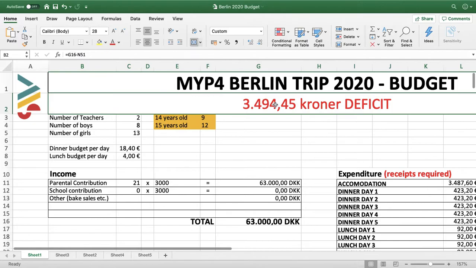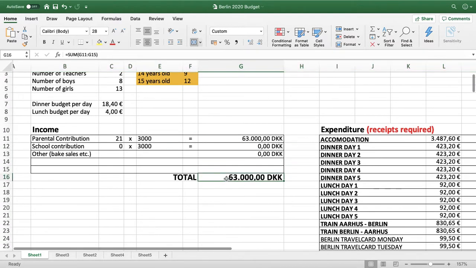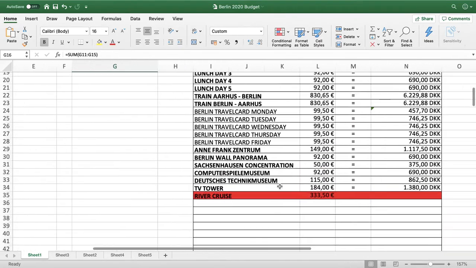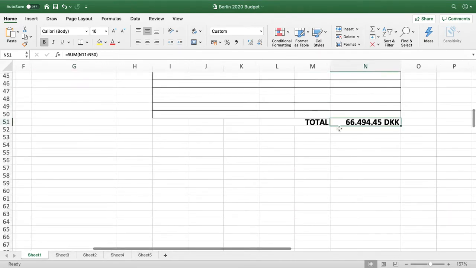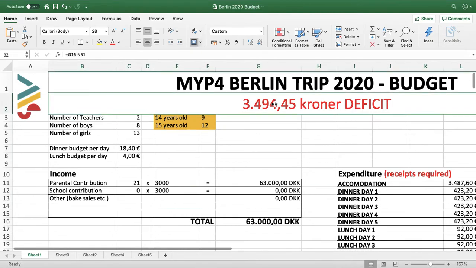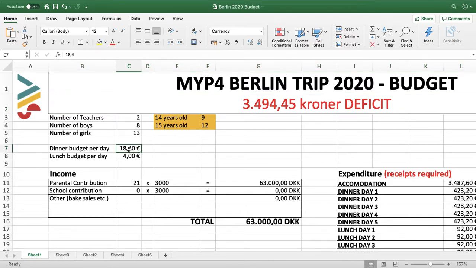And a cell up here that calculated my total income minus my total expenditure, and at the moment it's a 3,494 kroner deficit, so that's no good. So I was able to play with this. Because all of this was set up as formulas, I could say, well, what if I changed the dinner budget per day to just 17 euros each?